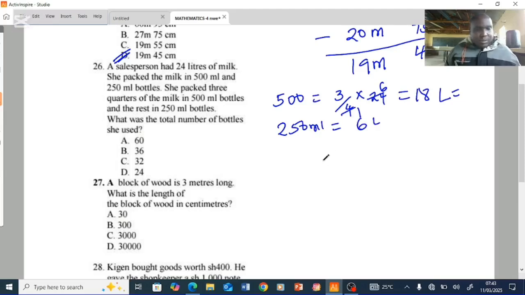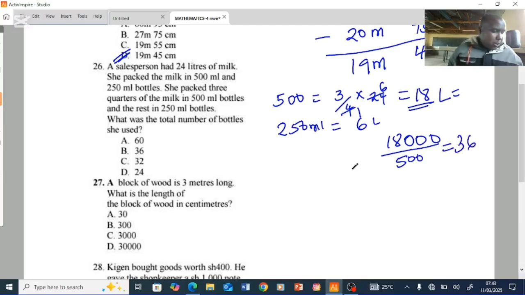Now 500 ml were packed, so these 18 liters were packed in 500 ml. So let's convert these liters into milliliters. So that is 18 times 1,000. You divide by 500 and you get how many bottles there are. So if you divide that, you get 36 bottles.